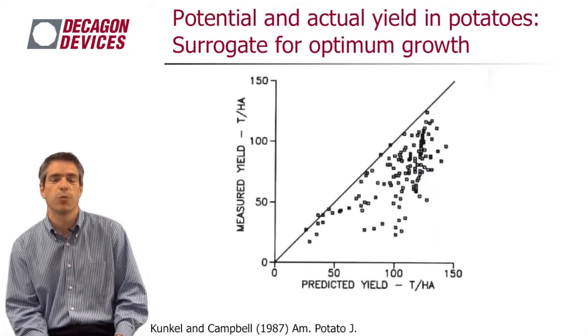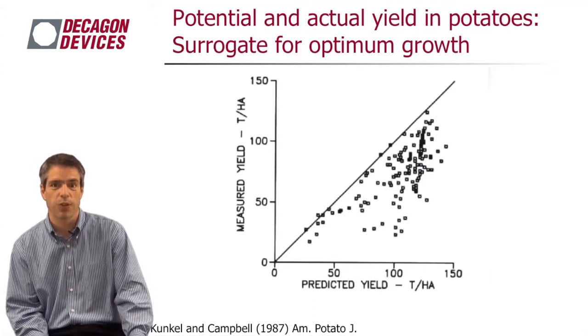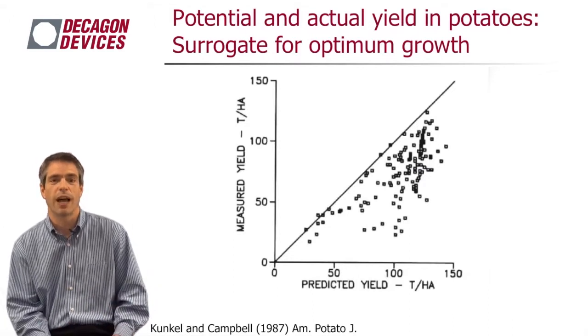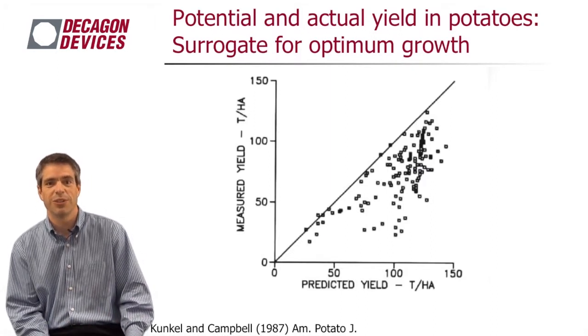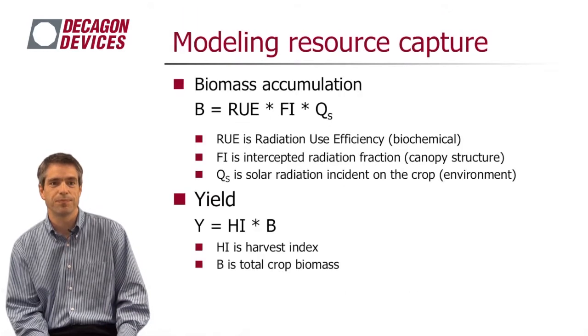And the very simple question that Dr. Kunkel asked my father at that time was, how can we actually get close to that line? How can I achieve the maximum possible yield in my potatoes each time?